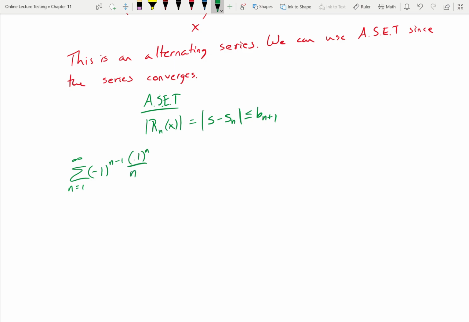And in fact, we don't have to go that far out. So our first value is 0.1, minus 0.005, plus 0.000333, minus 0.000025, and just to have another one for kicks, 0.000002, and so on.